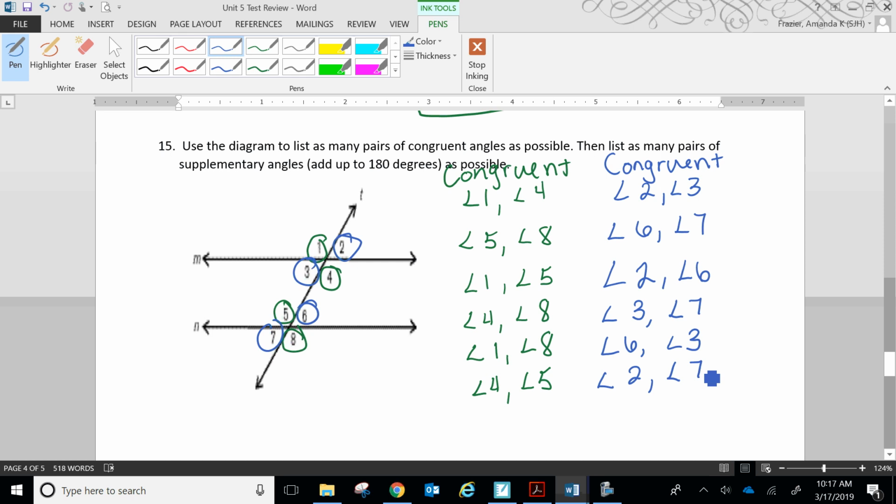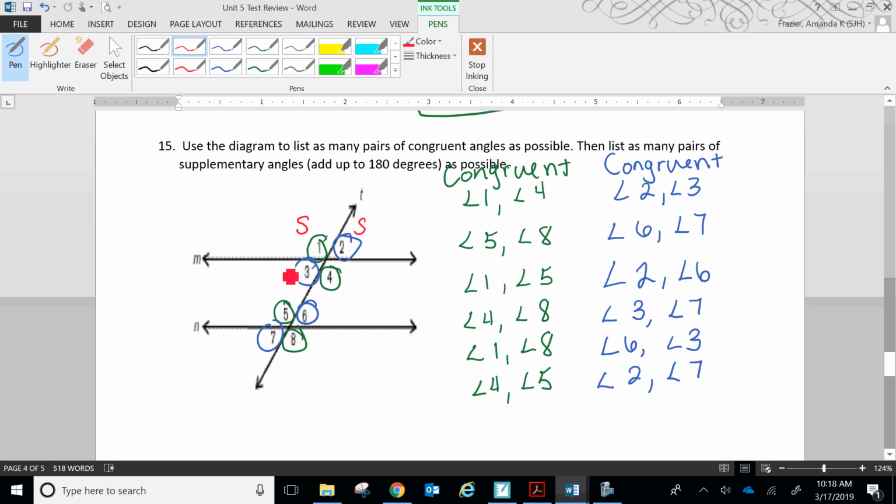Okay, so now I need to list my supplementary. So I'm going to slow down and switch colors here. I'm going to circle angles that would be supplementary to each other. So let's start with an angle that would be supplementary to angle 1. An angle that would be supplementary to angle 1 is angle 2, meaning these two angles would add up to 180.